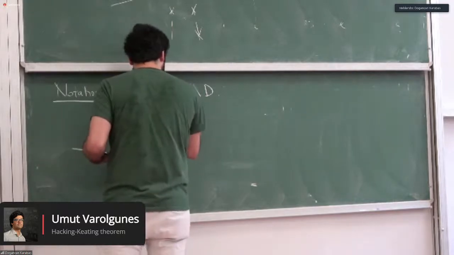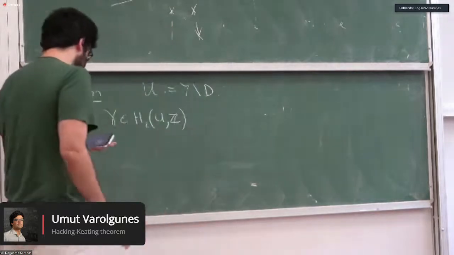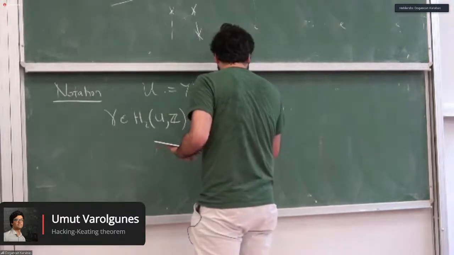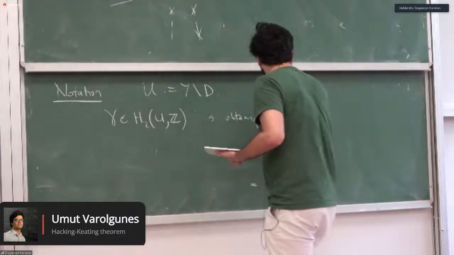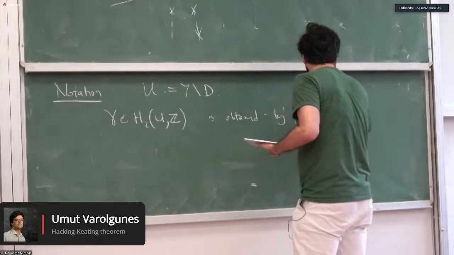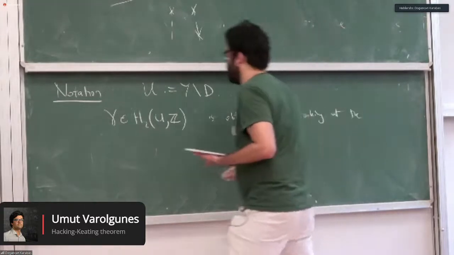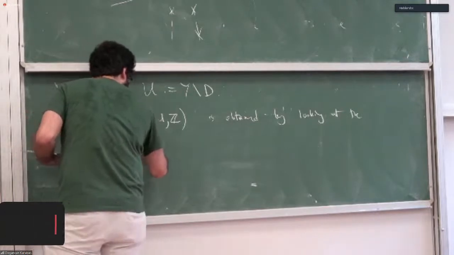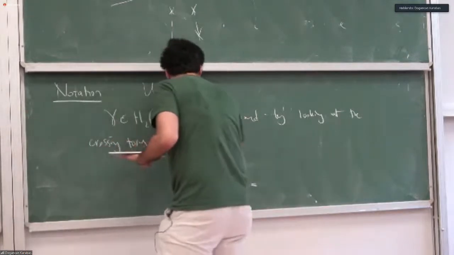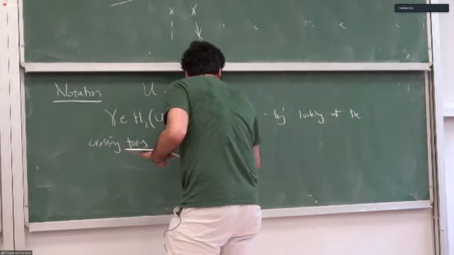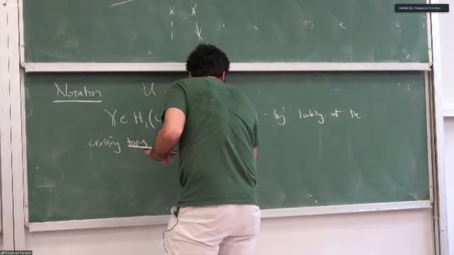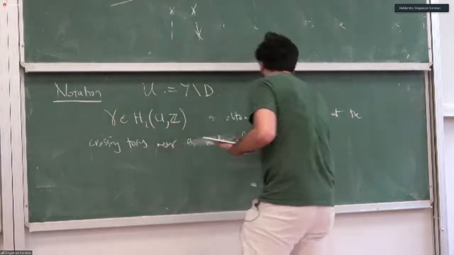So U over Z is obtained by looking at the vanishing torus near a node of D.